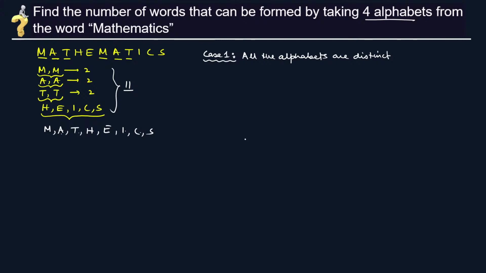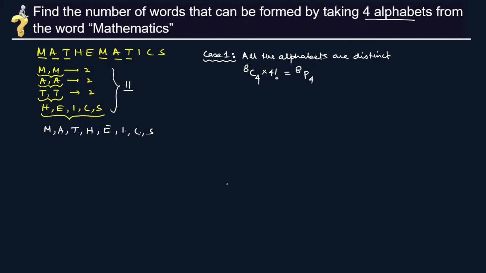Out of these 8 alphabets, first you select 4 alphabets. After getting these 4 alphabets, you have to form words, so you arrange these 4 alphabets in 4 places. That can be done in factorial 4 different ways, which is the same as 8P4.